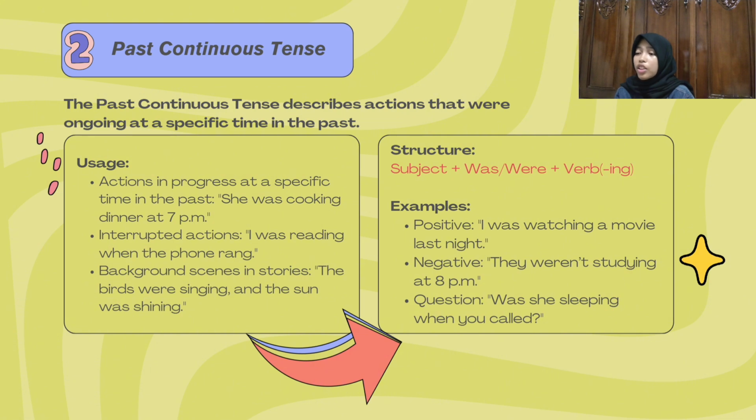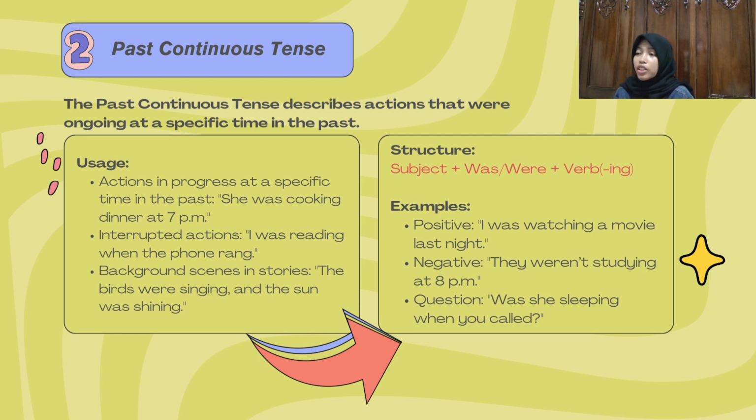Example, she was cooking dinner at 7 p.m. Specific time in here is 7 p.m. Okay, next, for interrupted action. Example, I was reading when the phone rang. And then for background scenes in stories, examples, the birds were singing and the sun was shining.